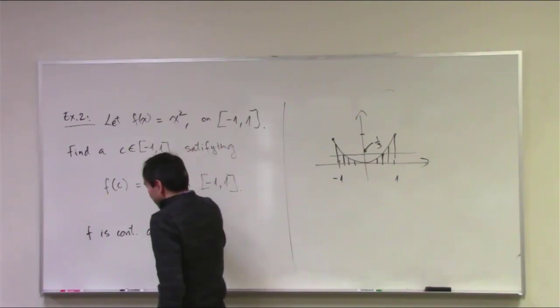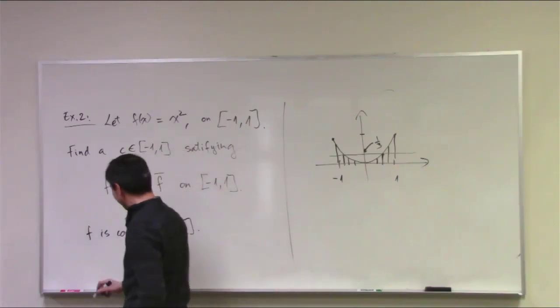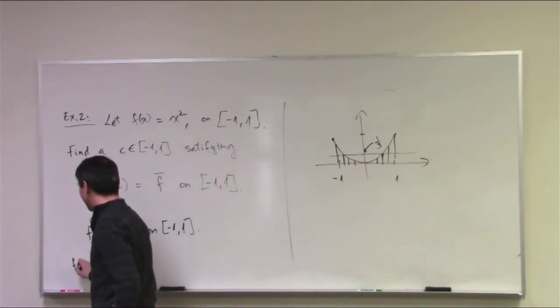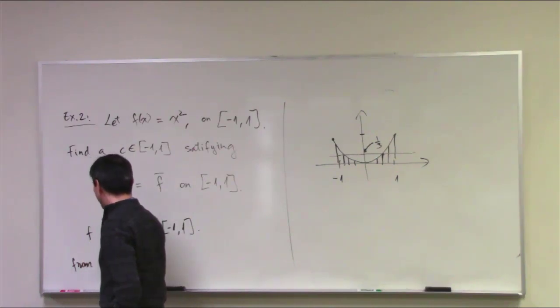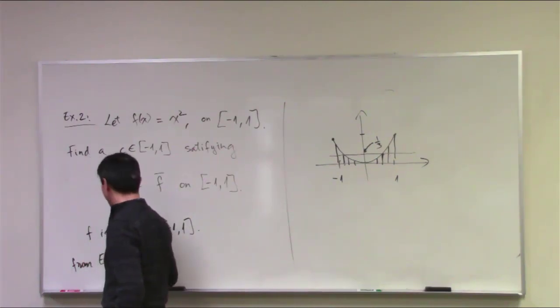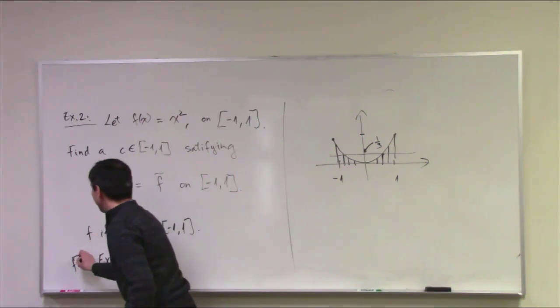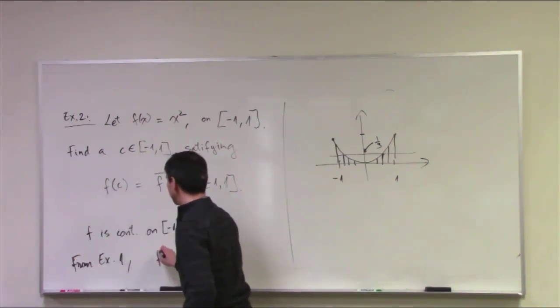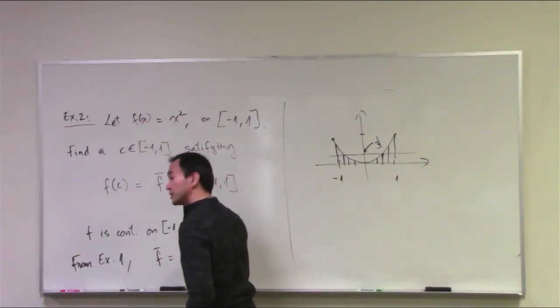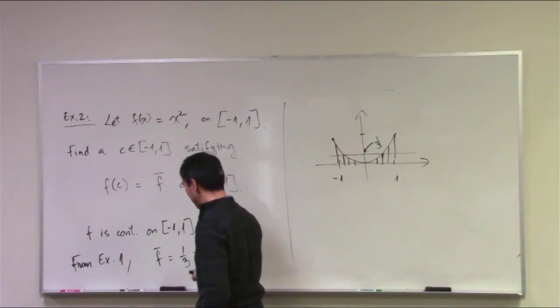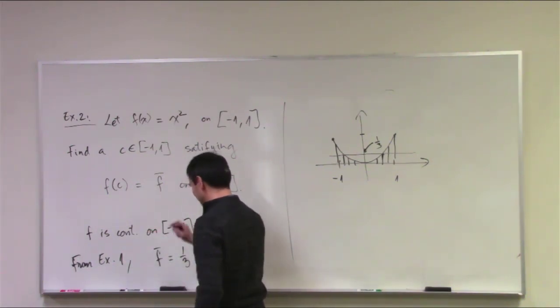And that's all it needs. Then from example 1 earlier, what do we know already? We know that the average height is 1/3. We know that from example 1, and this function here is for sure continuous.